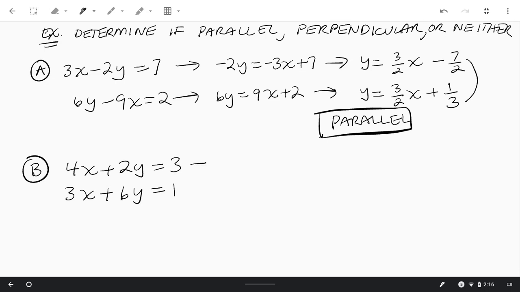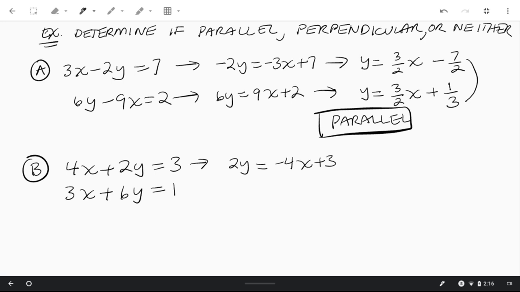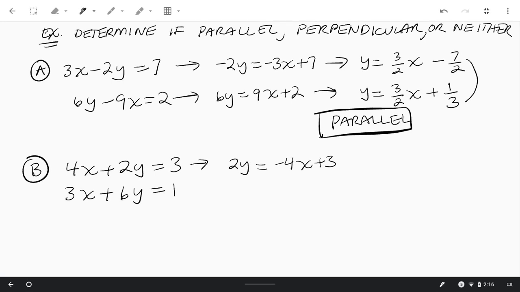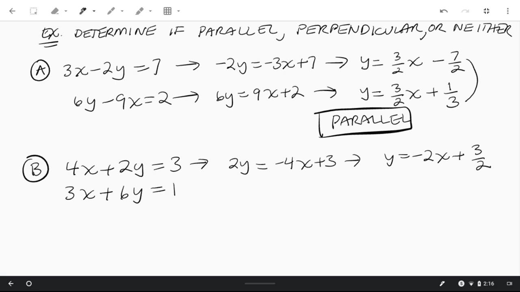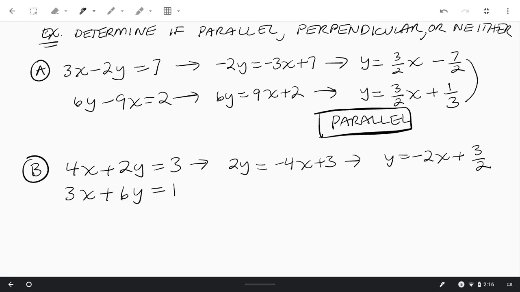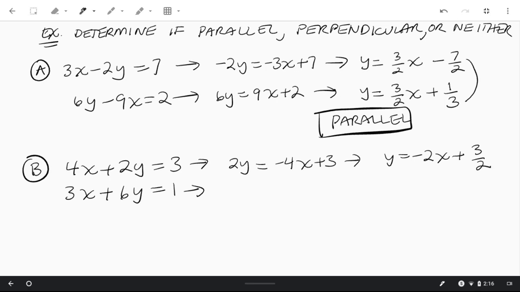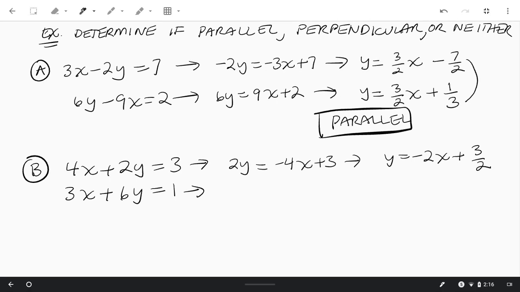All right, so over here, I need to get the y by itself, so I'm going to subtract 4x on both sides. And then now I'm going to divide by 2 on both sides. So y equals negative 2x plus 3/2. Okay, and then down below, I am going to subtract 3x on both sides.